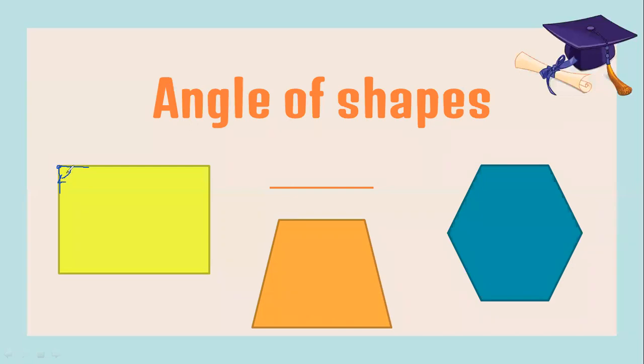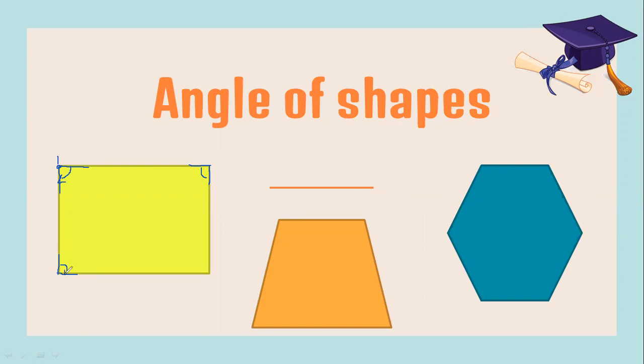So this is one angle, and then for the other one, you have this line, and we have the other line here. This is also an angle, so the angles are already two. We have the other line here, and then we turn and go to this one.